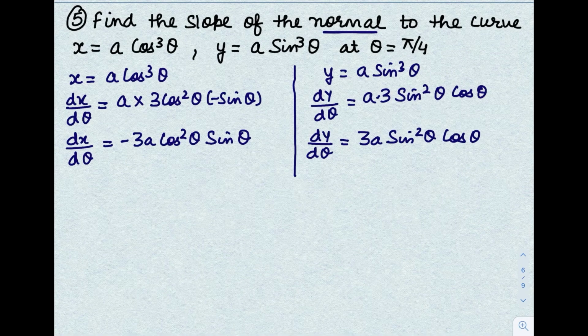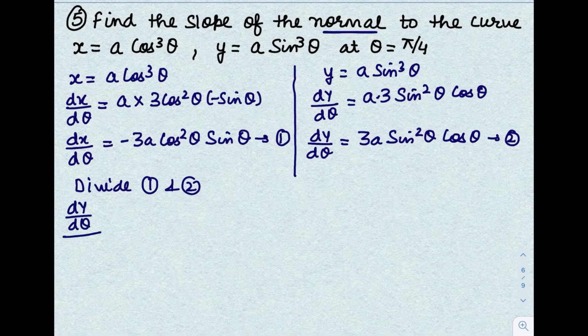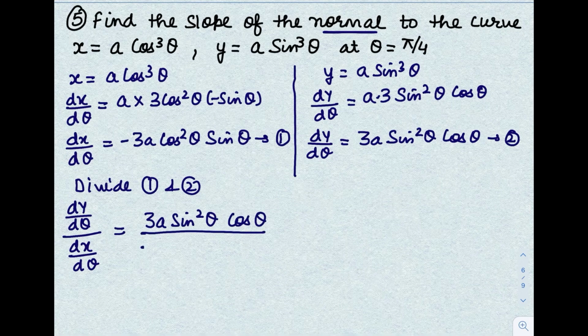We know slope of tangent is equal to dy by dx. Mark it as 2, and we marked this equation as 1. Divide 1 and 2. If we divide 1 and 2, dy by d theta upon dx by d theta will be equal to 3a sin square theta into cos theta divided by minus 3a cos square theta into sin theta.